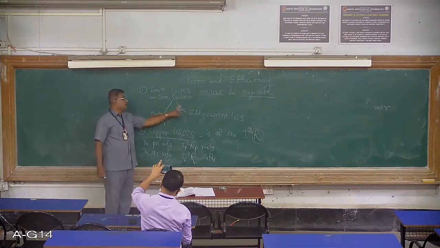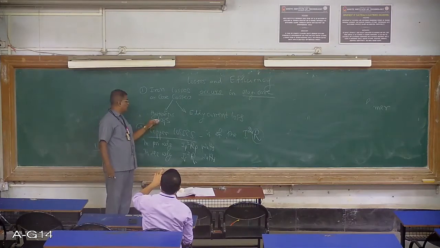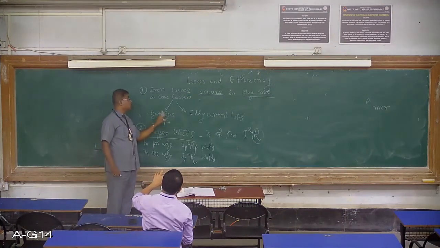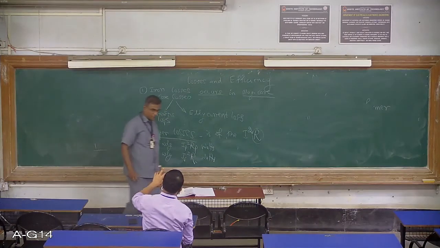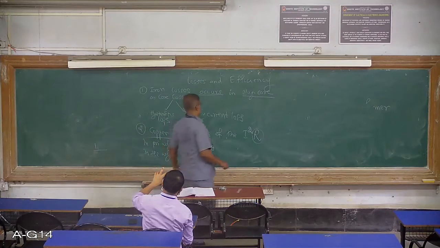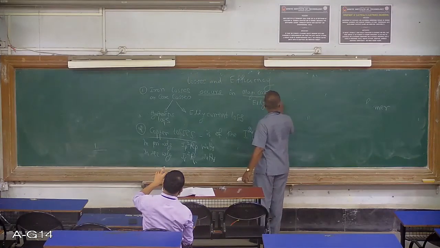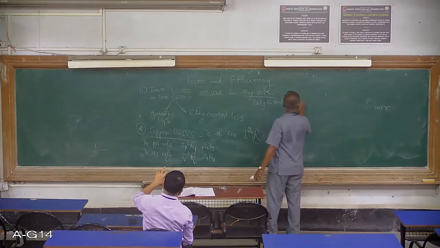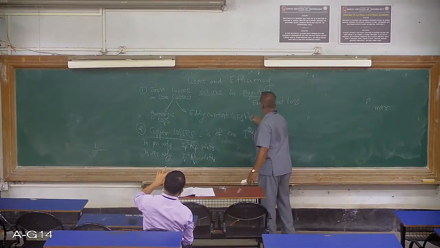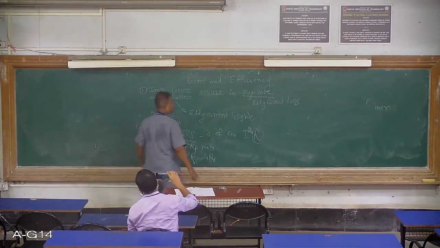This is iron loss. So let us have a look into some additional part of this hysteresis loss and eddy current loss, which is often required. Eddy current loss is indicated by WE. Hysteresis loss is indicated by, say, WH.